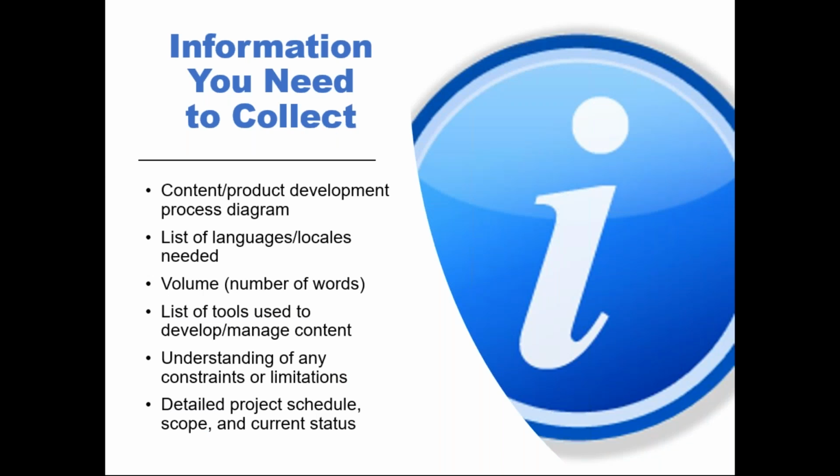You need to know what your volume is, what's the number of words. And then a list of tools used, the tools used to develop and manage the content. You also need an understanding of any constraints or limitations and a detailed project schedule, the scope, the current status.